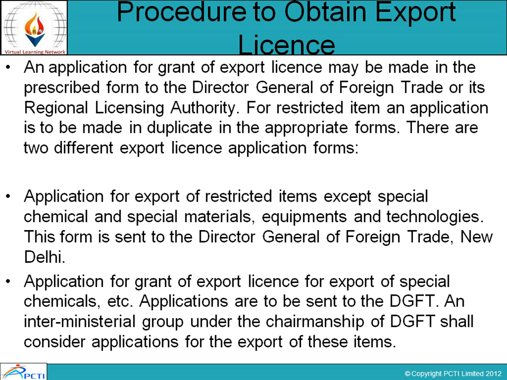For restricted items, an application is to be made in duplicate in the appropriate form. There are two different export license application forms. So you have to submit an application form to the DGFT. If you want permission for the restricted items, you have to take the duplicate copy of that appropriate form.